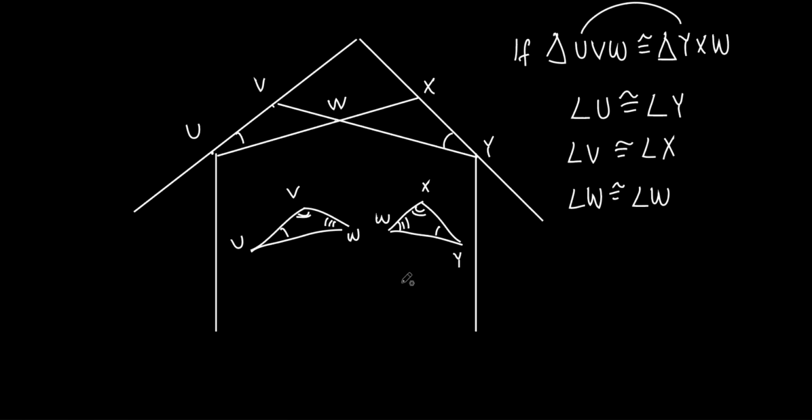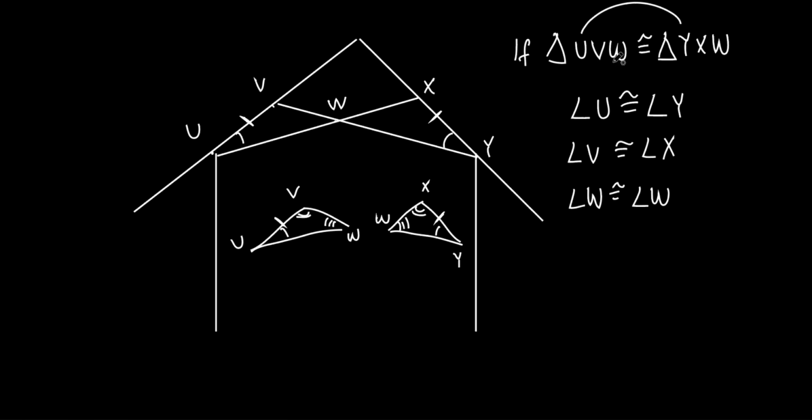What about the sides? So UV, just look up here. UV, if I put a tick mark right there, would equal what? YX. YX is right there. So those two would match up. See that? So this one and this one would match up. All right, what else we got? Let's do VW.